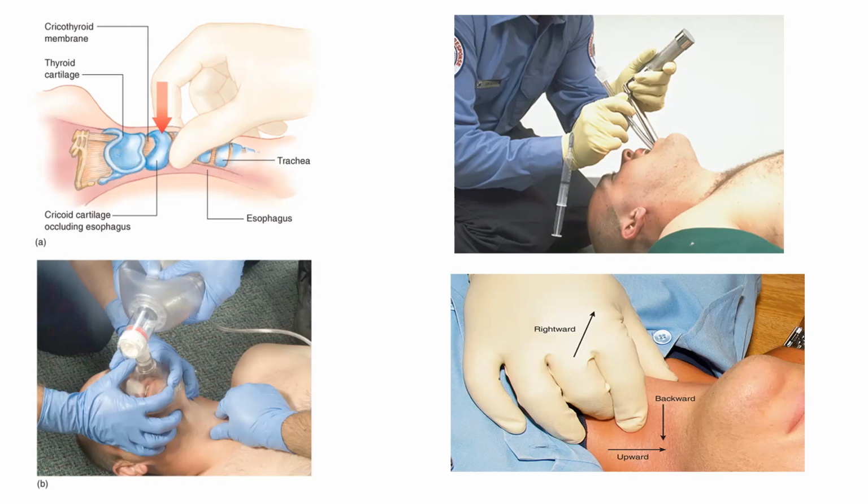So backward, upward, rightward pressure, and you're holding that down and making the cords more visible and the landmarks more easily seen for the paramedic to do a successful endotracheal intubation. So know about cricoid pressure and the BURP maneuver. You're probably going to see that on your exam.